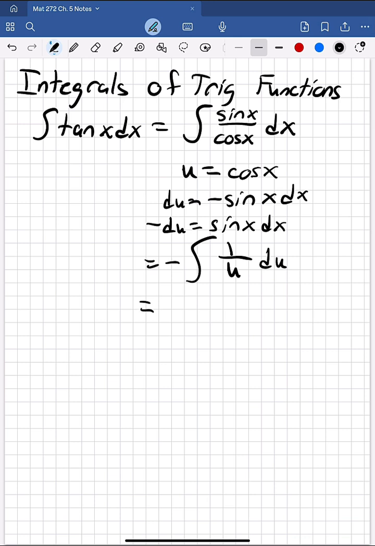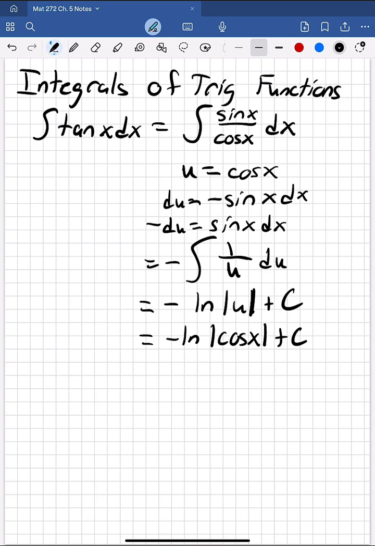I can integrate this to say that's the negative natural log of absolute value of u, plus c. And so now I'll just replace u and say the negative natural log of the absolute value of cosine of x plus c. All right. And so the same kind of logic can be used to generate all of the trig functions, okay?